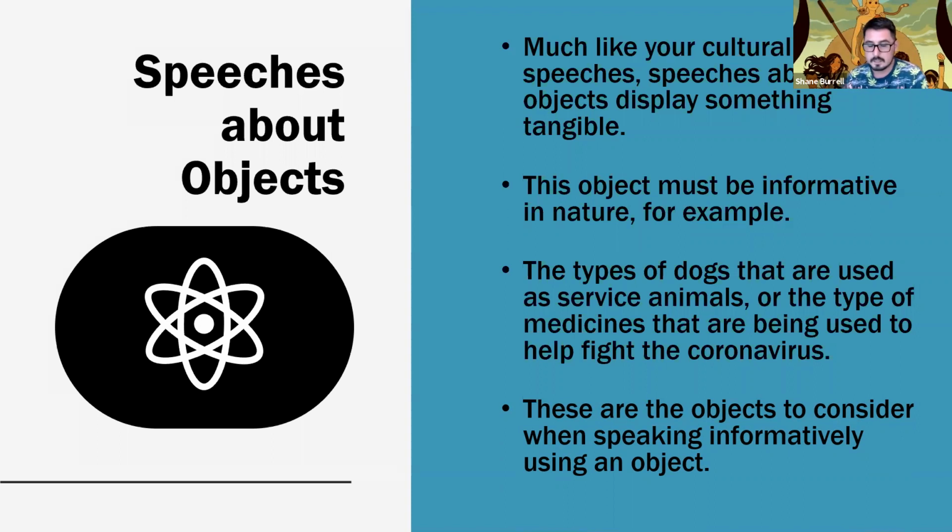Consider these things, but you're going to have to find resources to prove that yes, these are the types of dogs they breed for service dogs, and these are the types of medicines they're using to help fight the coronavirus. You're going to need facts, and it's not just going to be about your own personal experience. I'm going to want to hear facts. I'm going to want to hear you cite it as well.